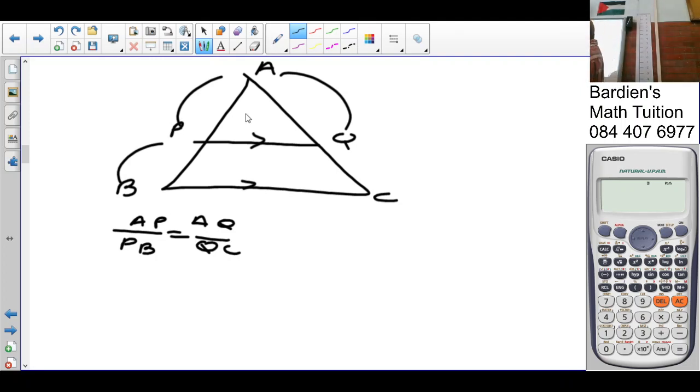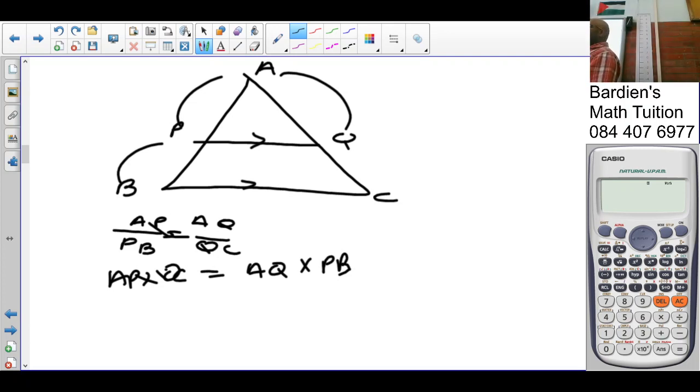Okay? So the variations of this are all true. We could have said that AP over PB is equal to QC over AQ. And we can interchange. You remember when we did all those different ratios, it applies here. So we take the reciprocal on the other side as well. From here we also know that AP times QC is equal to AQ times PB.